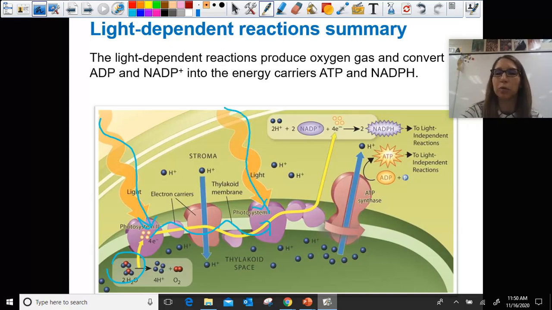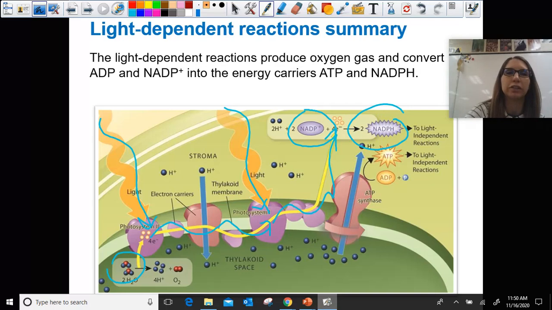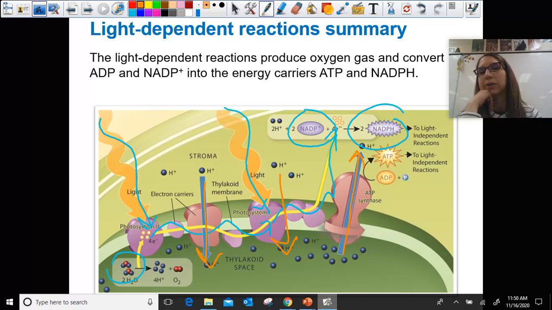That does not split more water, but it re-energizes these electrons, which need a place to go and eventually get added to NADP plus to make NADPH. The hydrogen ions that got actively transported across the membrane and down their concentration gradient, like you can see here, are then used to drive the production of ATP as they flow back down from high to low concentration across the membrane.